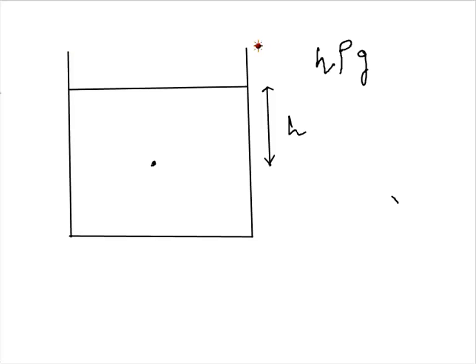But if it is open, air is in contact and is above, then pressure due to air will be transmitted. And if that is 1 ATM or 10 to the power 5 Pascal, then that needs to be added to this to find the total pressure at this point. So this formula comes from hydrostatics: h times density times g.